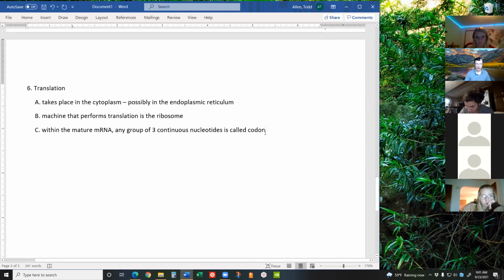Okay, it's called a codon. Each codon tells the ribosome what amino acid should be placed into the chain of polypeptide that's currently being manufactured. So each codon specifies 1 amino acid.